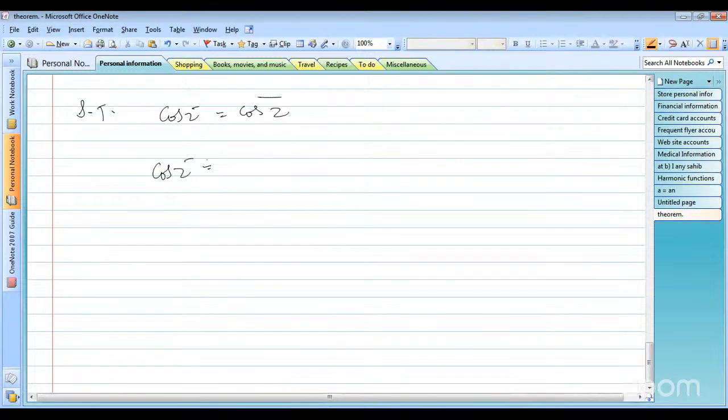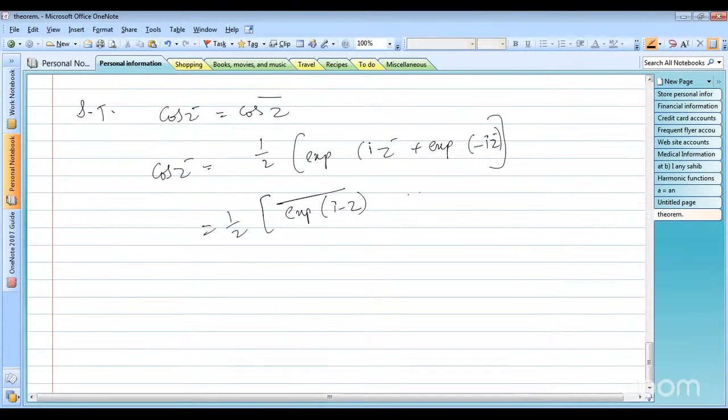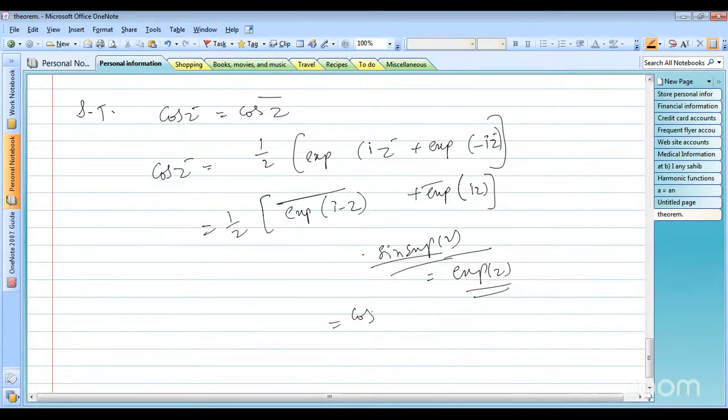Cos z bar is equal to 1 by 2 into exponential of i z bar plus exponential of minus i z bar, that is the conjugate of exponential of i z, since exponential of z bar is the conjugate of exponential z. So it is equal to cos z bar, so the condition is satisfied here.